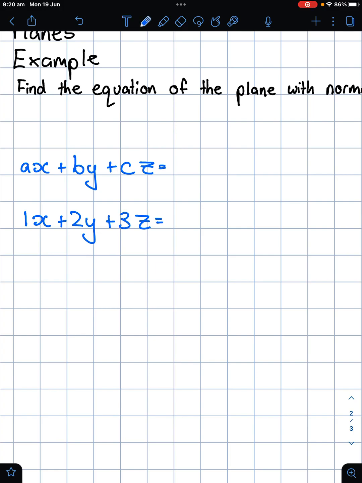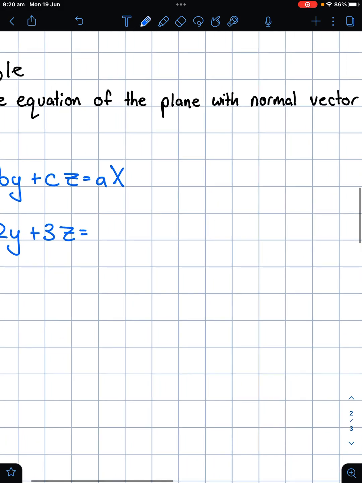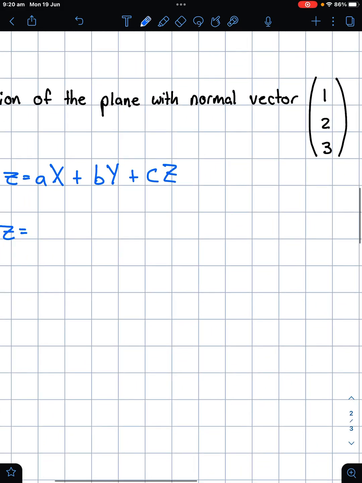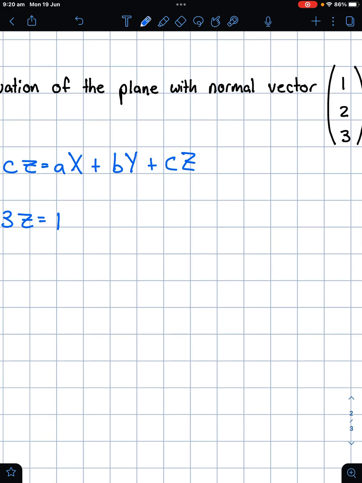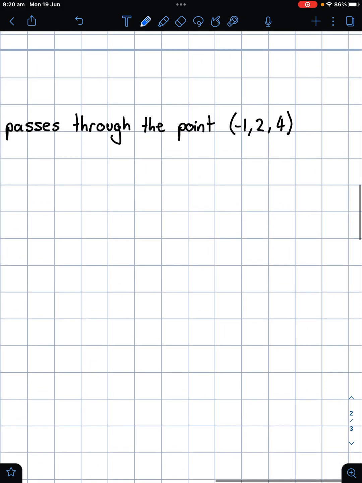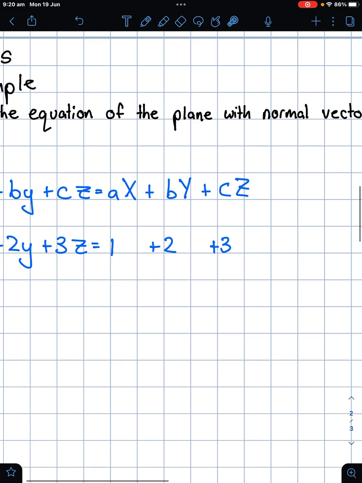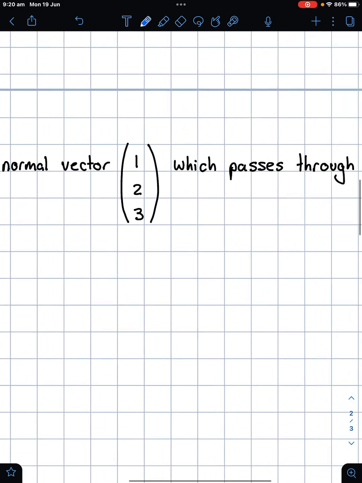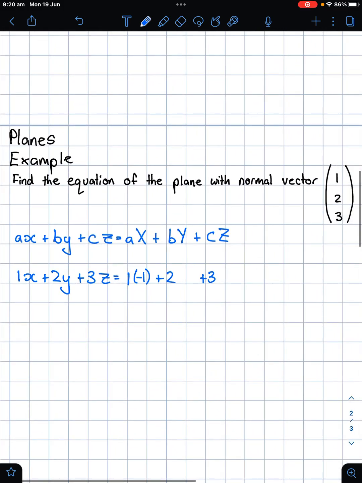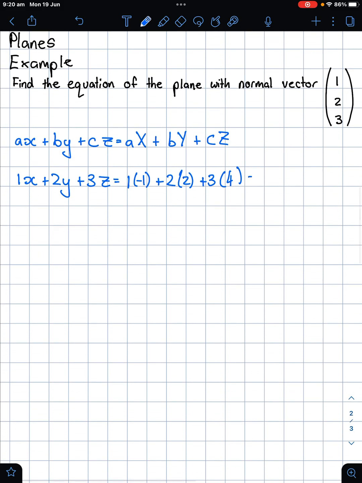And these are going to equal a times the x coordinate, plus b times the y coordinate, plus c times the z coordinate. So we've got 1, 2, 3, which was our a, b, c, and now we've got these values over here. -1 is our x coordinate, then 2 and 4. So this is going to equal d.